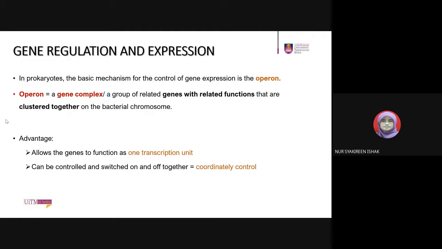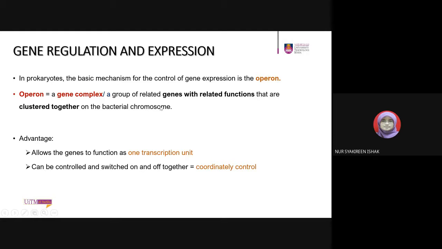Within the operon you have several regions, and each region has a specific function. For example, you have the promoter, the binding site for RNA polymerase. You have the operator, which is the binding site for repressor protein, and then you have the structural genes.